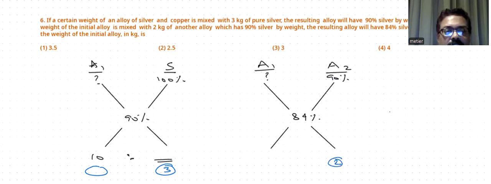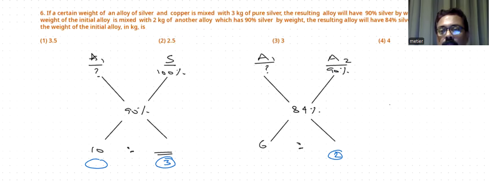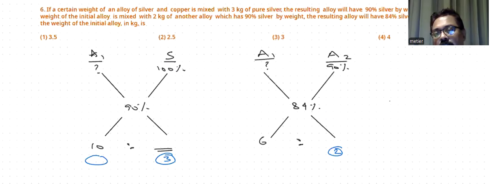Now, again, the calculation part, 90 minus 84, this is 6. And we don't know this percentage of silver in alloy 1. So the right hand value here, we cannot write it down.